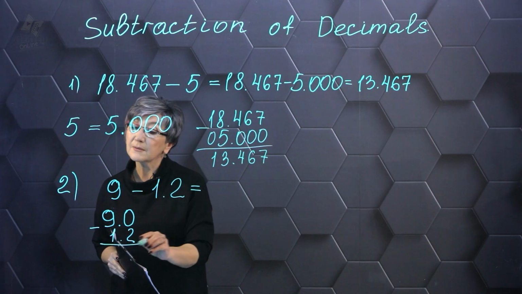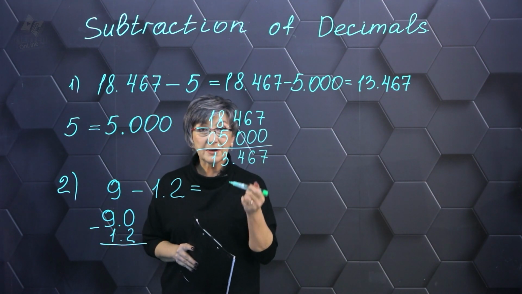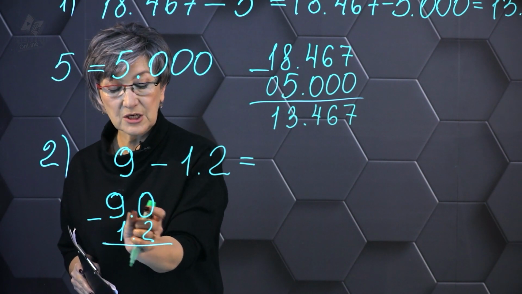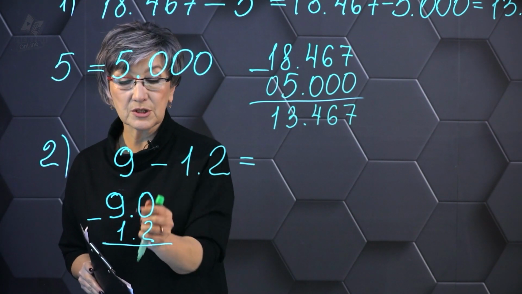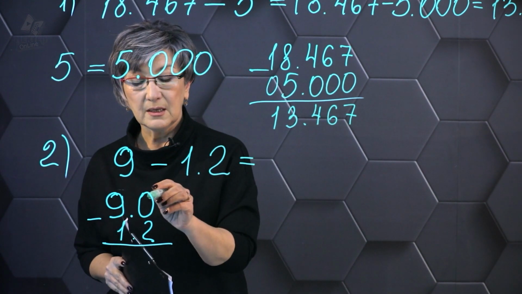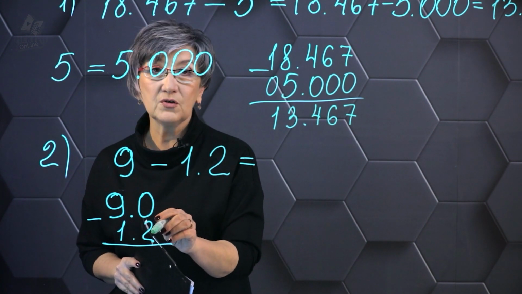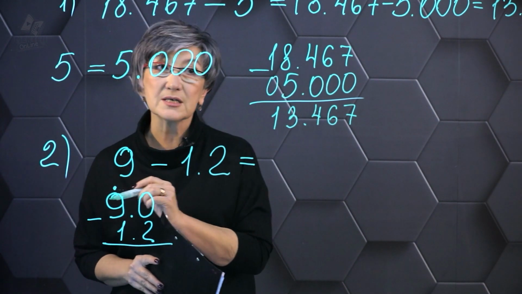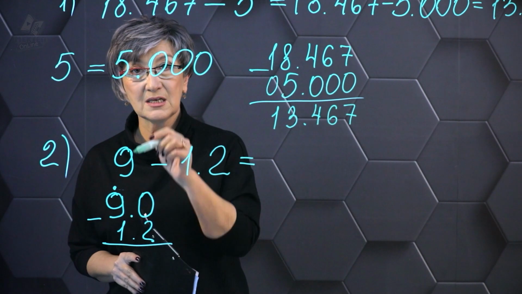See? In this case, I'm correctly writing the whole part under the whole part, the fractional part under the fractional part. Now, what do I need to do to subtract? I can't subtract 2 from 0, so I borrow from the whole part. This leaves not 9 whole parts, but only 8 whole parts.